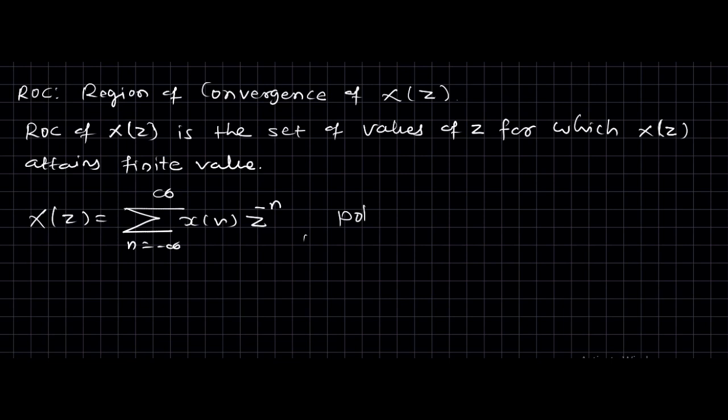We have seen the polar form of this: z is equal to r e raised to j omega, where r is equal to the magnitude of z and omega is equal to the angle of z. In this way we can proceed and solve some examples on the z transform.